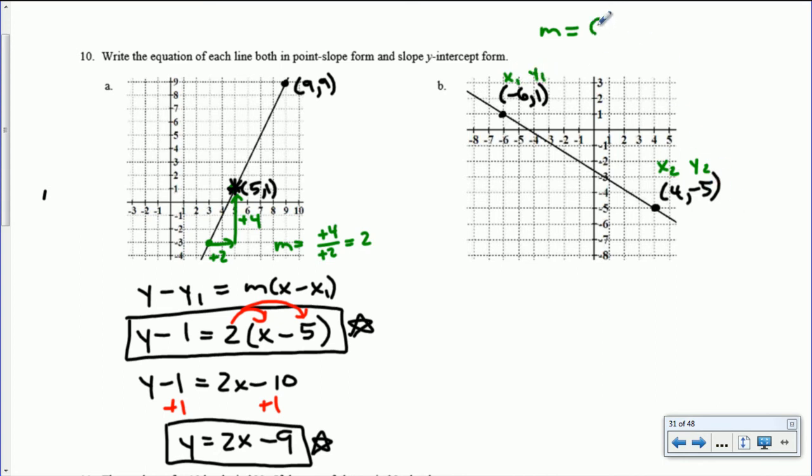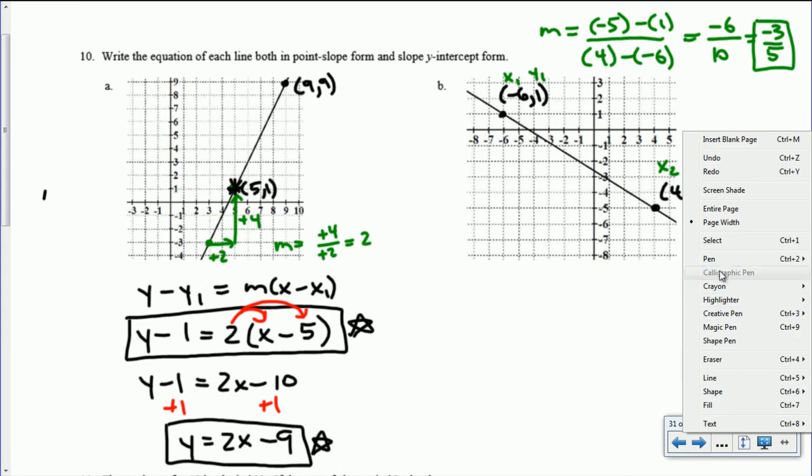So it'd be -5 subtract 1 divided by 4 subtract -6. -5 subtract 1 is -6. 4 plus 6 is 10. The slope there is negative 3 over 5.